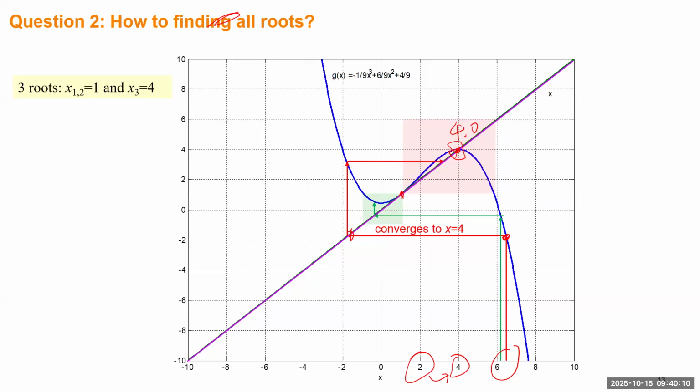Once you get into that region, you'll stay there. So different roots of the equation may have different domains of attraction. If you get into that domain, you will converge to that root. To answer how to find all roots, you just try many different initial estimates. But how many to try, we don't know, unless you have a big picture of this function.